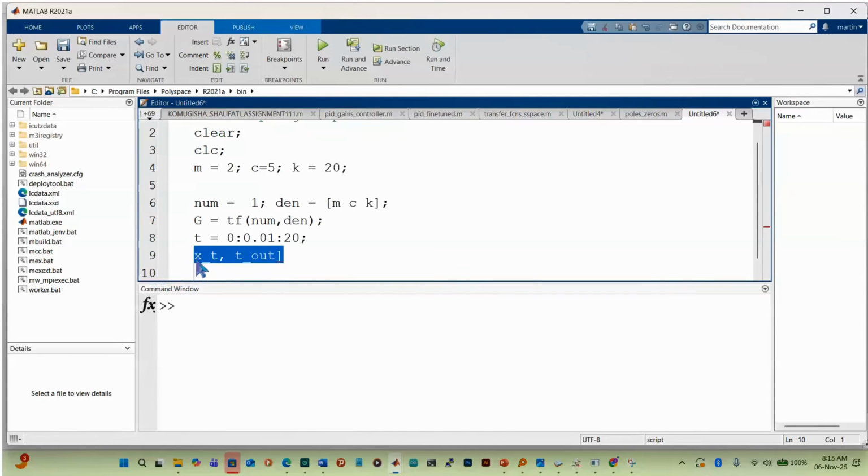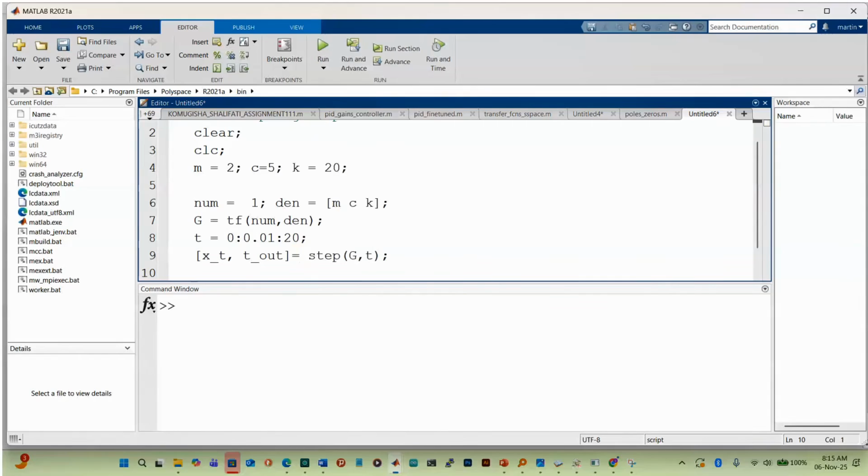We are saying the output of this function is going to be two values. This is giving us the step of g with time. That's very important for us to note here.